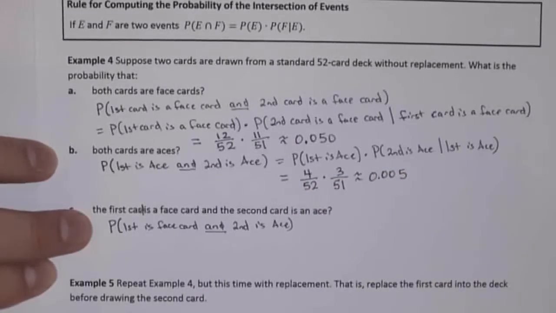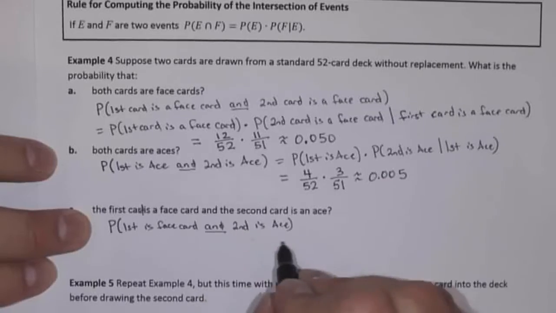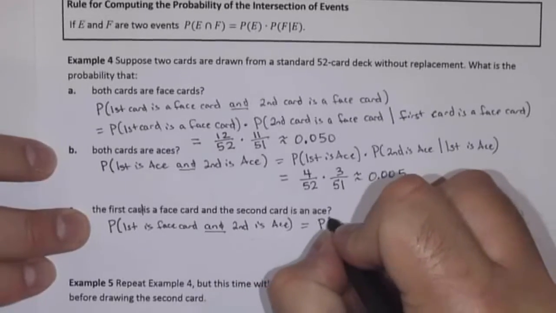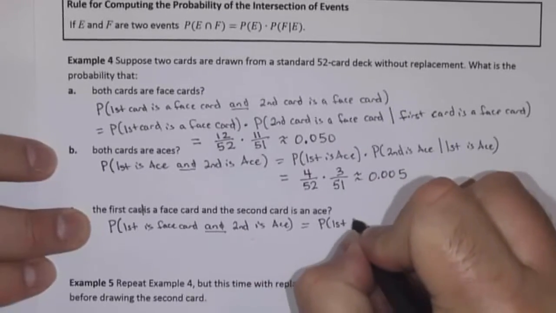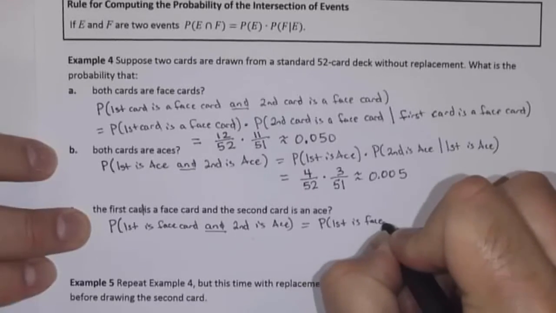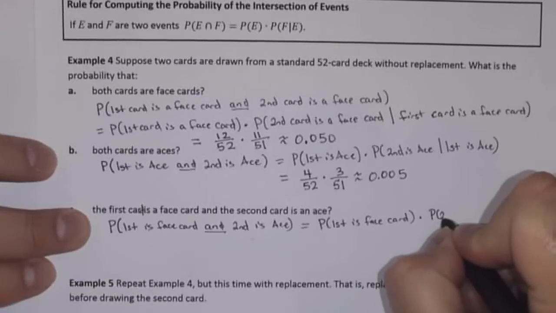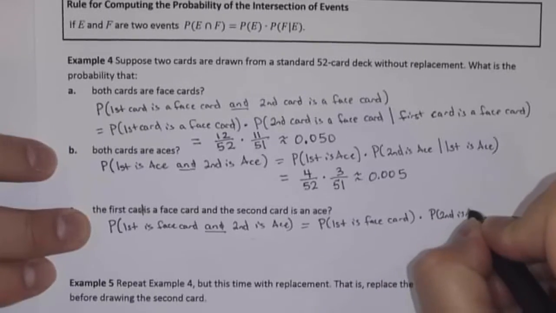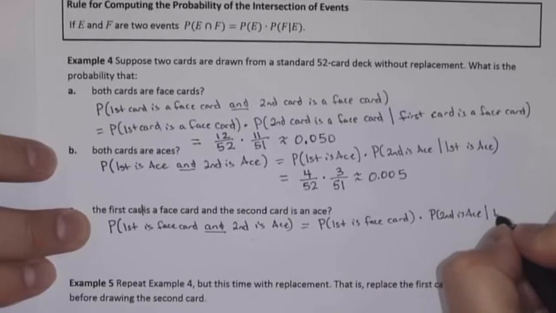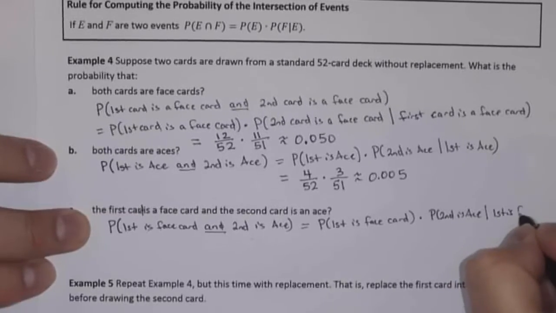That's what we're looking for. So this is E, this is F. So that's going to equal the probability that the first is a face card times the probability that the second is an ace, given that the first is a face card.